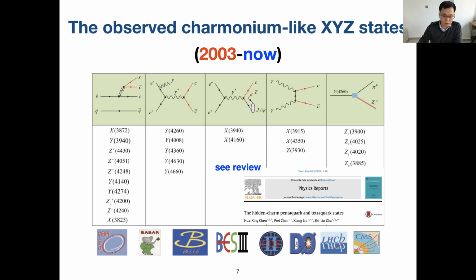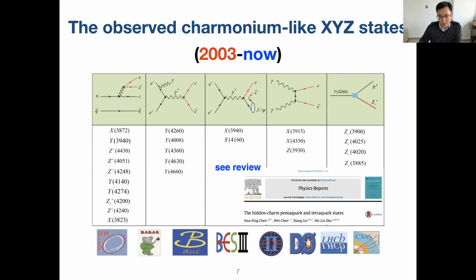There are many states, and the famous one is X(3872). The second group comes from e+e- annihilation into charmonium-like states. In this talk, I will focus on these charmonium-like states.